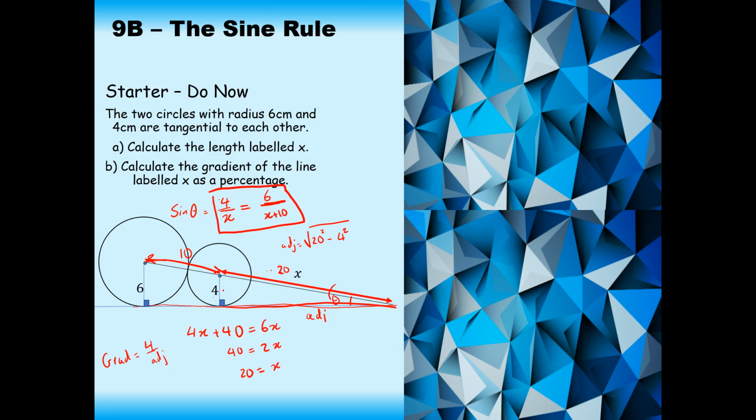So I'll quickly put that on my calculator. 20 squared is 400, minus 16, and the square root of that is 19.5959. So we are dividing 4 by 19.59.